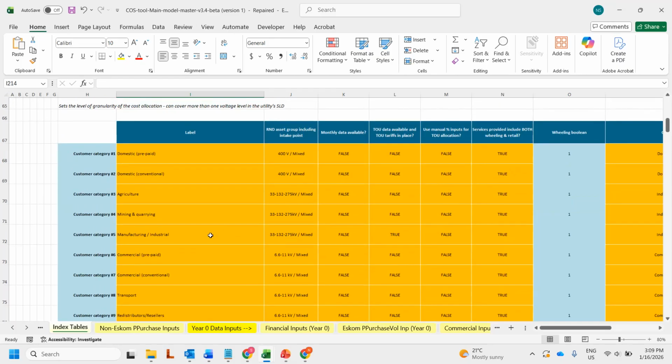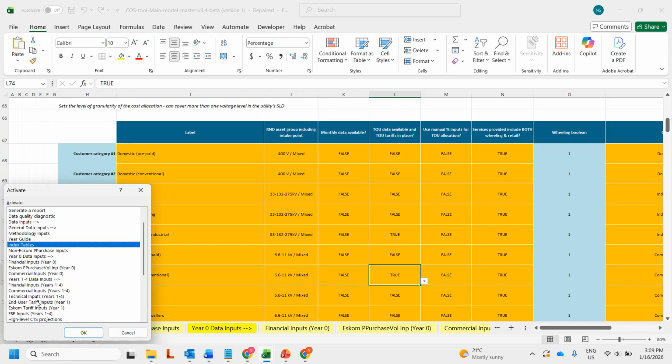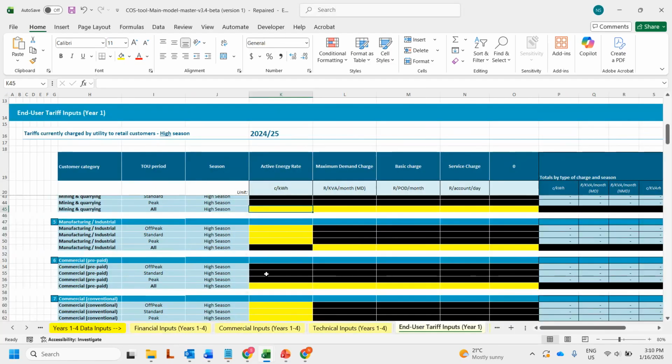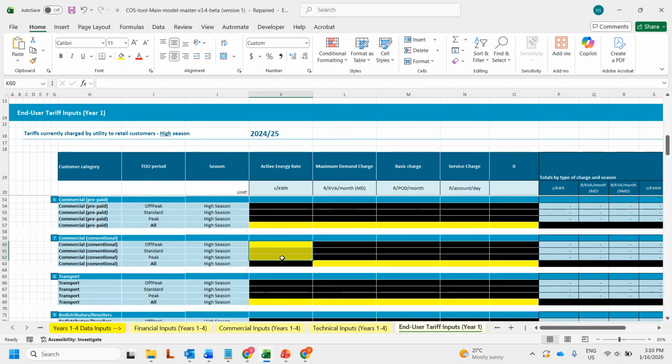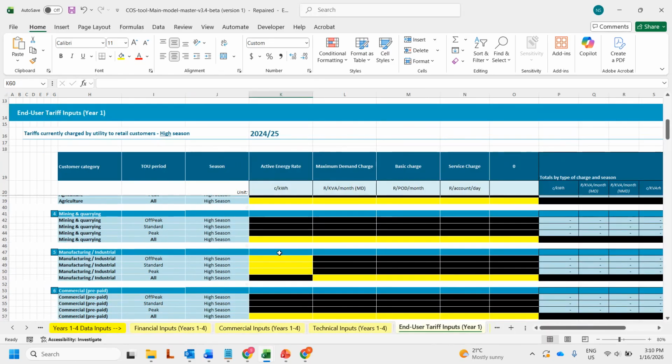So let's say manufacturing and industrial. You can say if they do have time of use or not. So in this case, they do, so you're going to leave that as true. Maybe your commercial customers also have time of use, so you change that to true, and then that allows you to input their time of use tariffs.